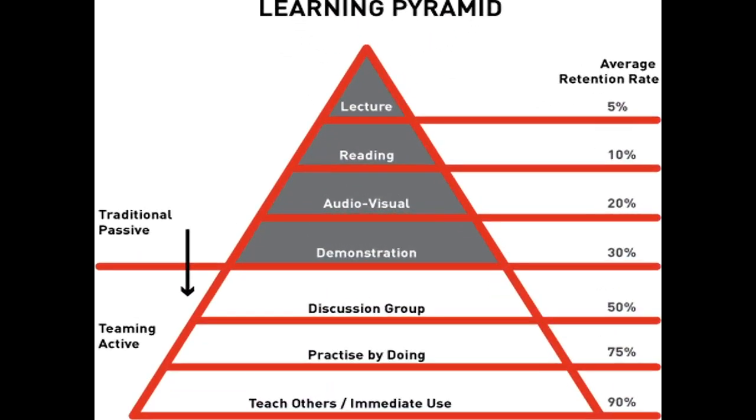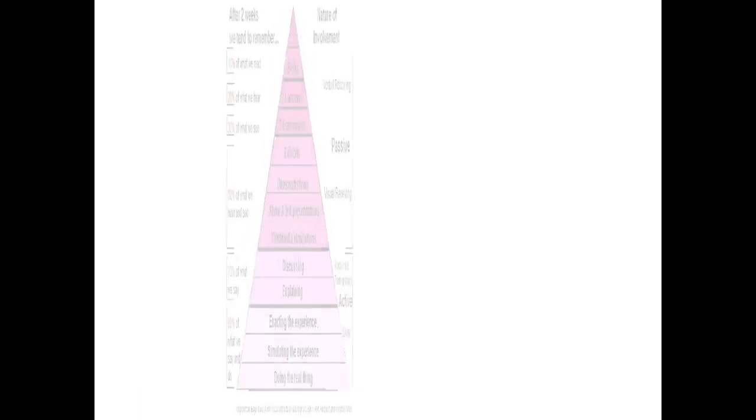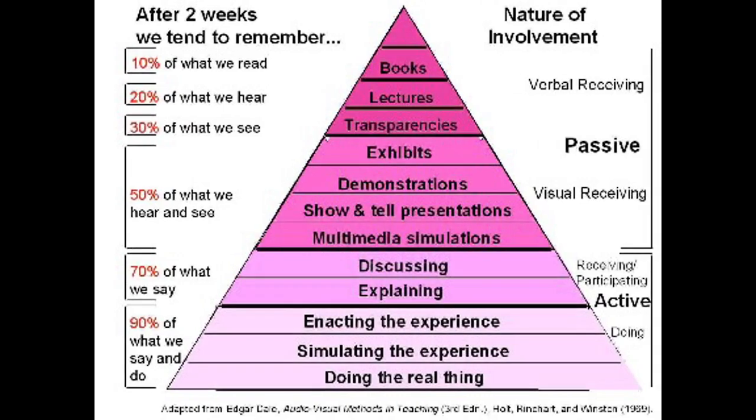This triangle once again tells you the learning pyramid, where the average retention rate is shown through lecture, reading, audiovisual. And you are seeing that the active ones are discussion in group, practice by doing and immediate use. After 2 weeks, of whatever you are teaching in the class, only 10% of what the child reads they can remember, 20% of what they hear and 30% of what they see.